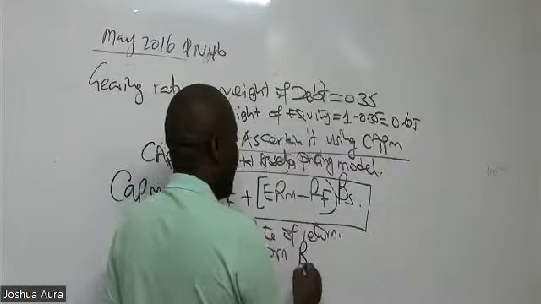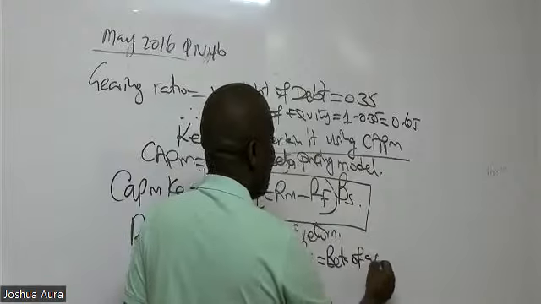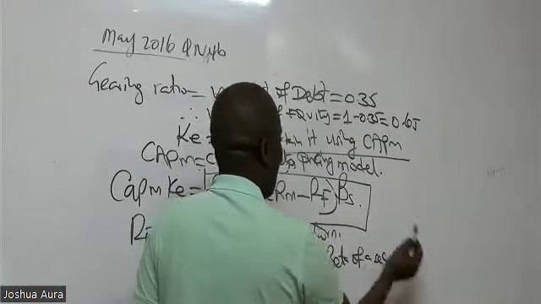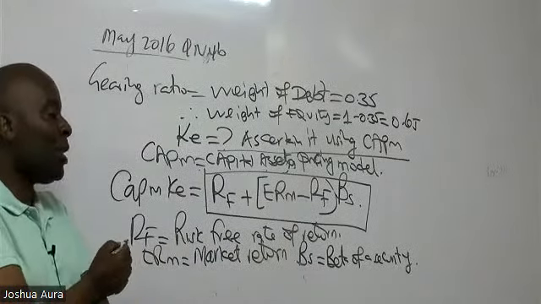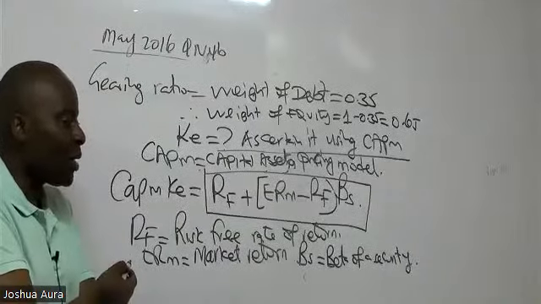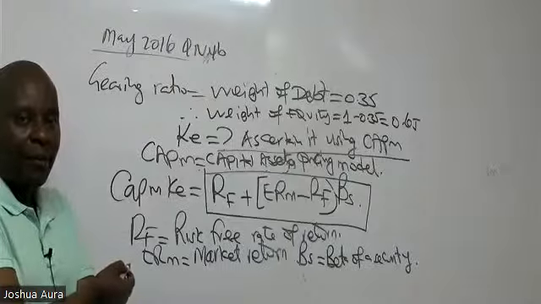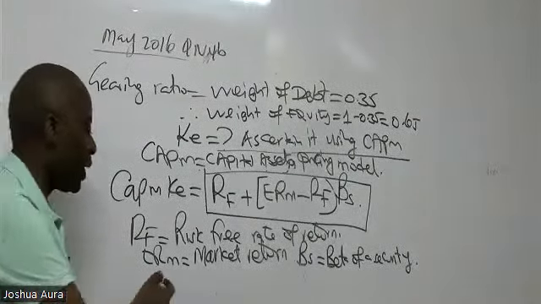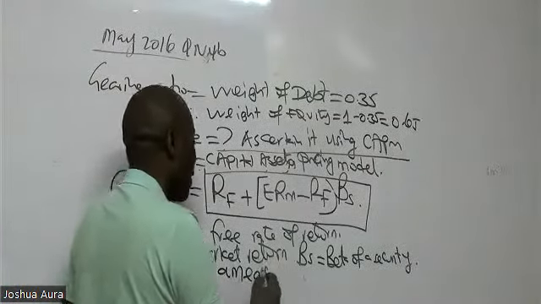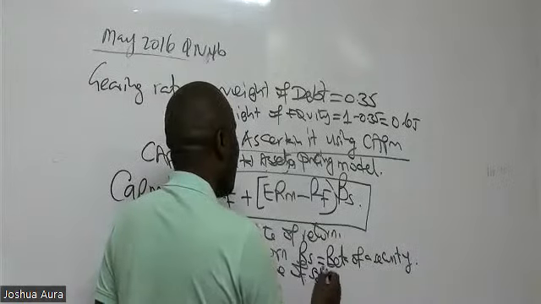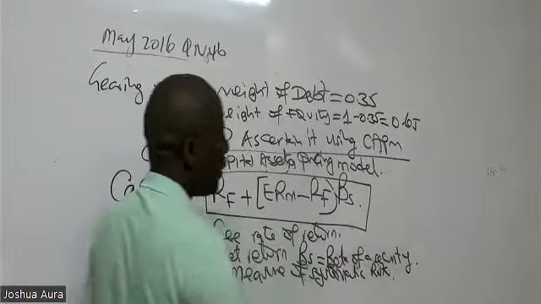And then we have BS. BS is the beta of a security. For now, I would simply want you to appreciate that beta of a security stands for the systematic risk. So beta is a measure of systematic risk.